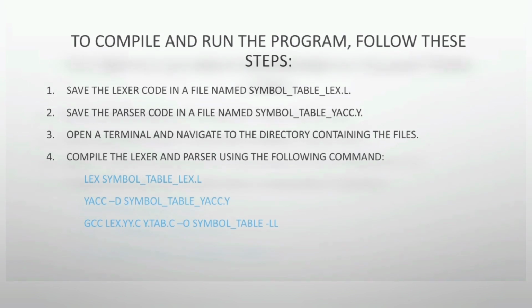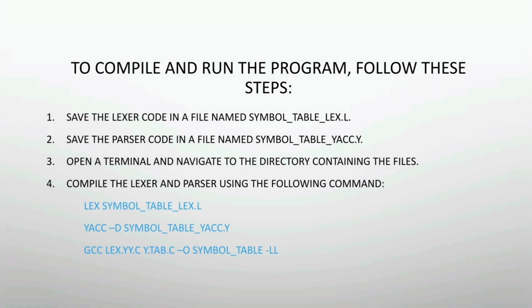There are some steps. Firstly, we have to save the Lex code in the file named symbol_table_lex.l. Then for the YACC program we have to save it as symbol_table_YACC.y. We have to save in this form only to run the program without errors.